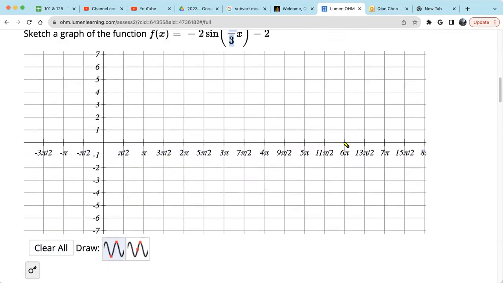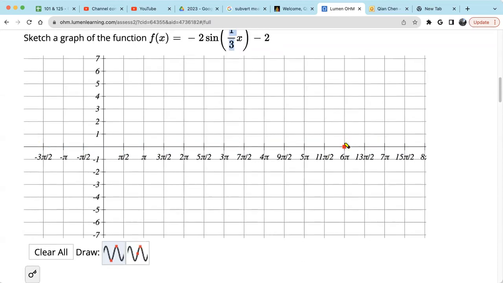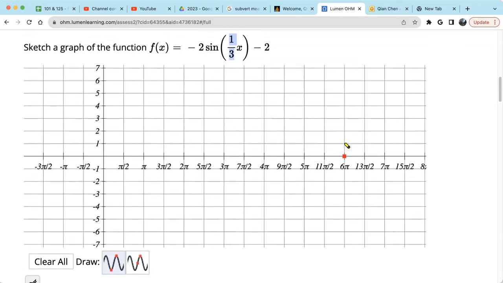First, we know 6 pi, so let me make a point here. 6 pi divided by 2, we have 3 pi, and (0, 0) is on the graph also. Then 2 more points, one in between here and another one here. We use these 5 points to graph.